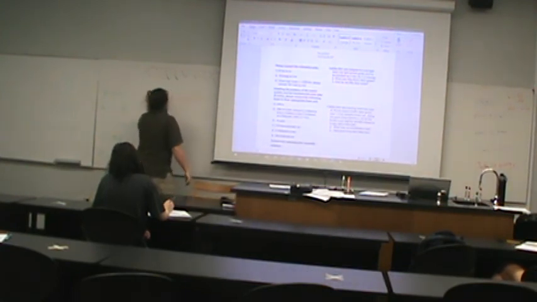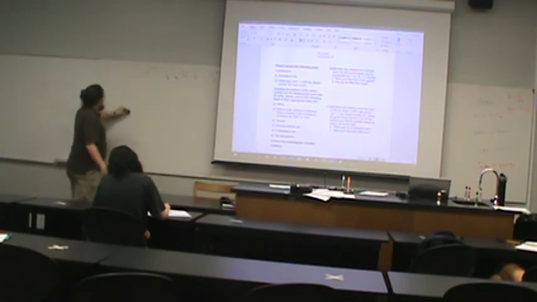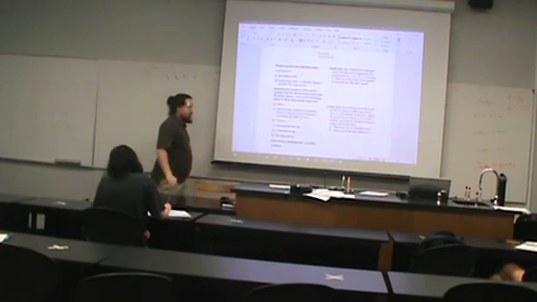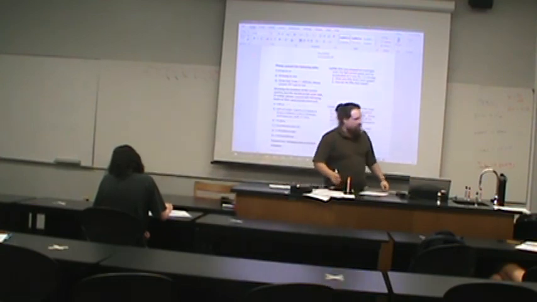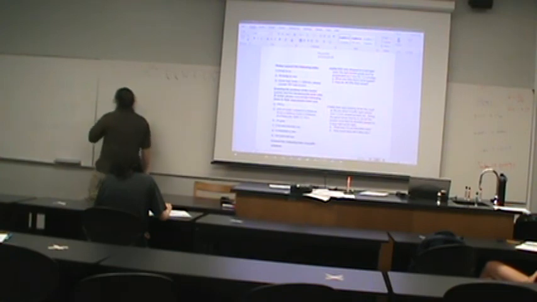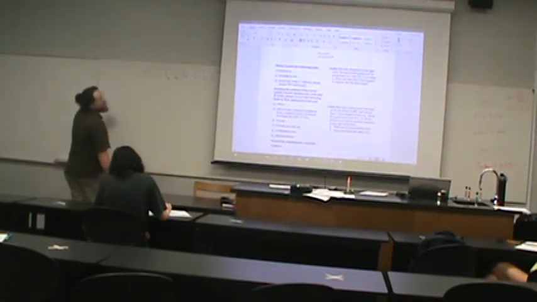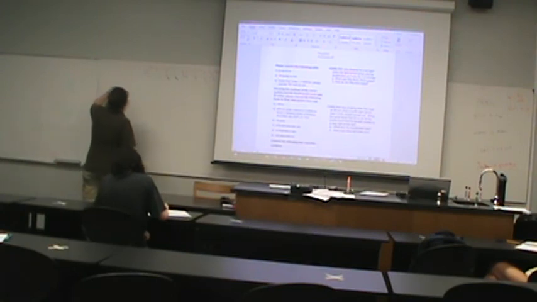So let's do that together looking at 17. It'll help us figure out exactly what information we can glean from each part of the question. Billy Bob's initial velocity is 32.6 meters per second.